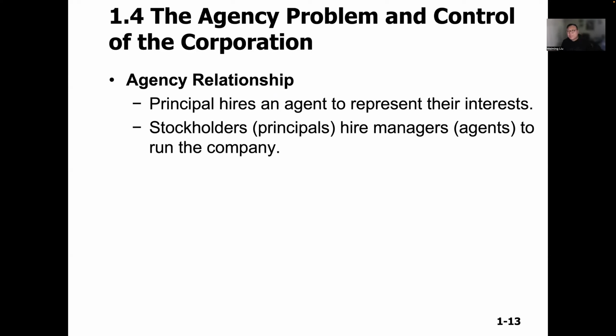The real estate agent will make money when there is a deal, when the transaction is closed. They probably will share some of the brokerage fee with the seller's agent, and the seller will pay that agency fee.